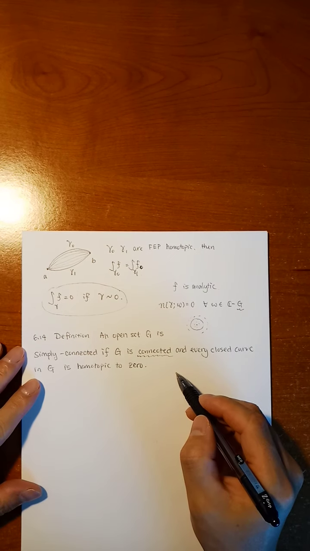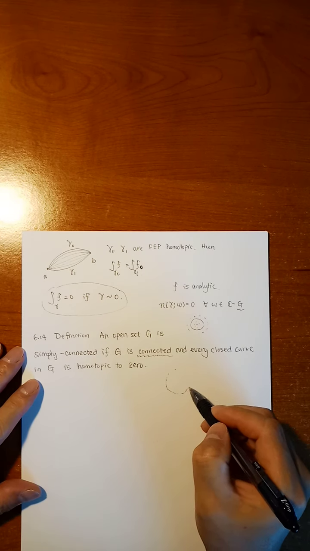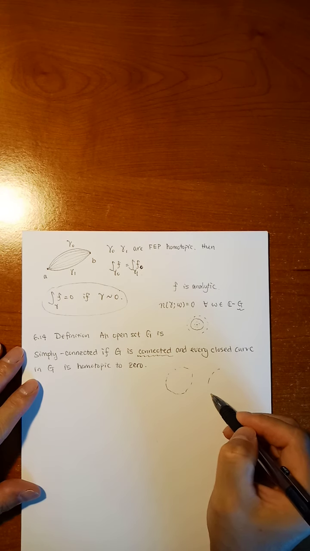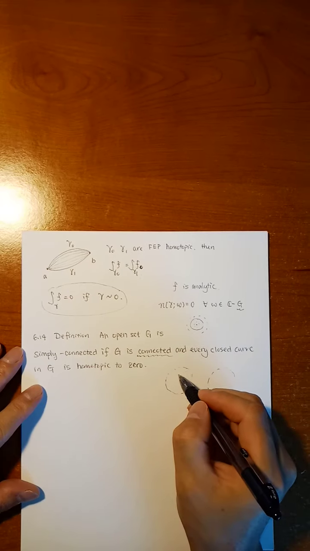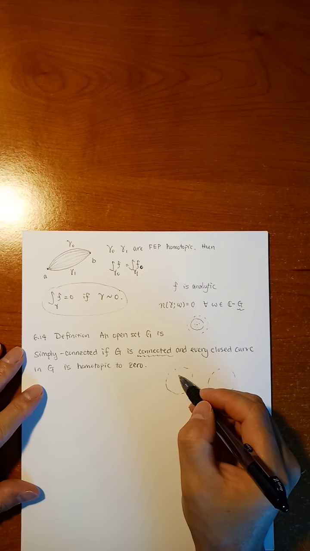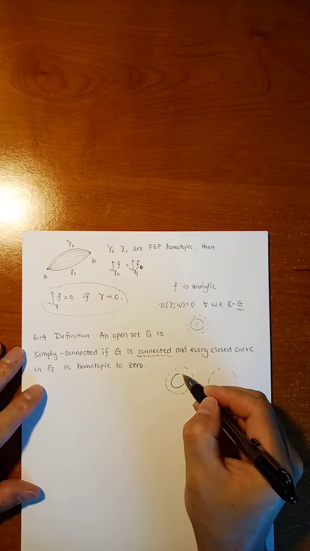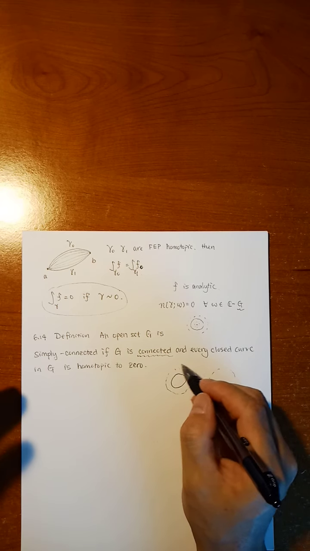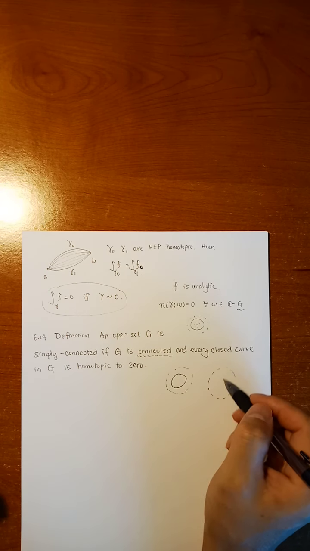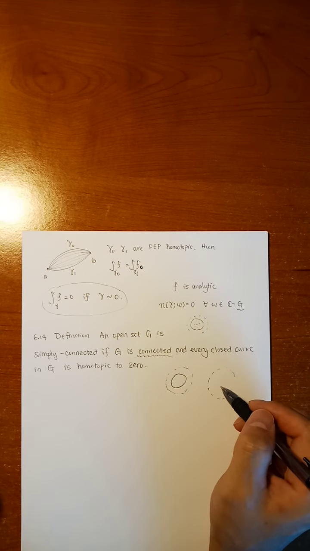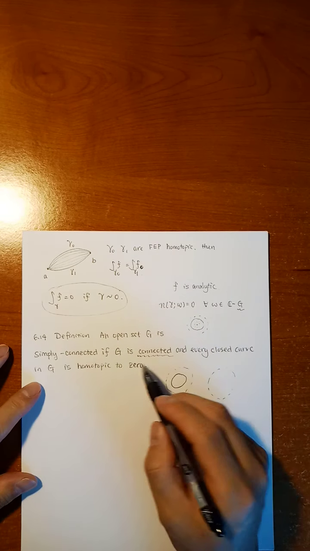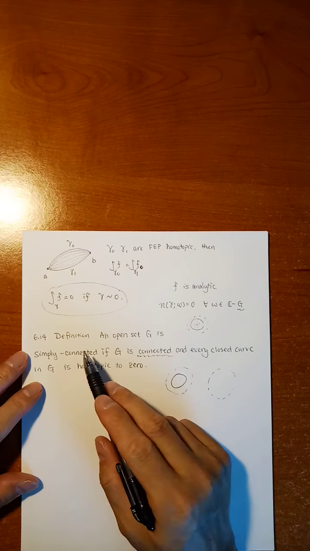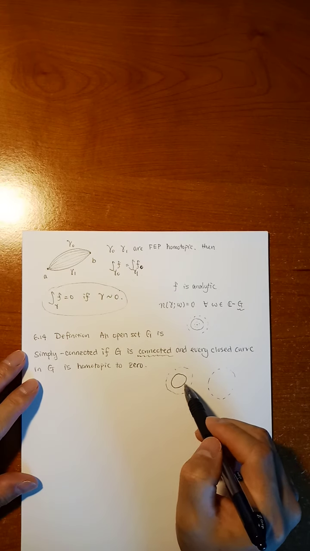For example, if we have two disjoint open disks, whatever closed curve we take, because a closed curve is continuous, its image must be contained in one of those disks. So the second condition is satisfied: every closed curve is homotopic to 0.